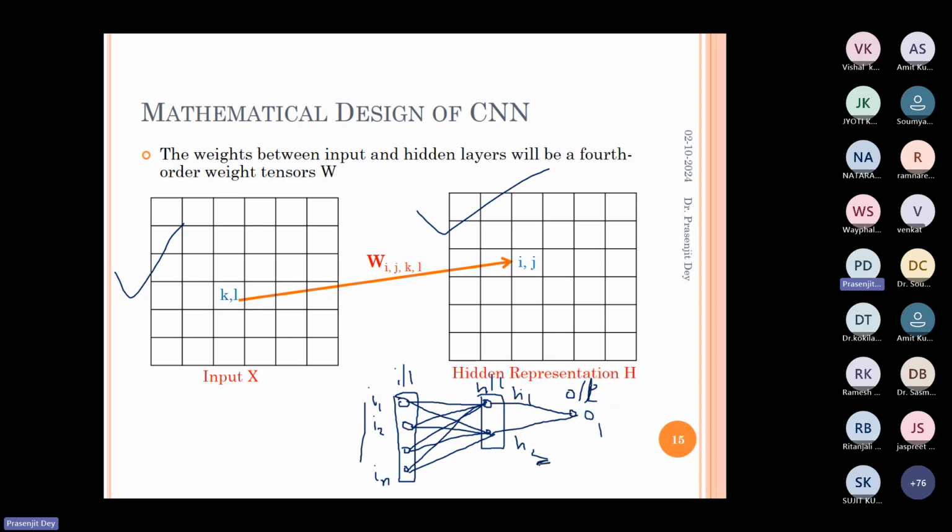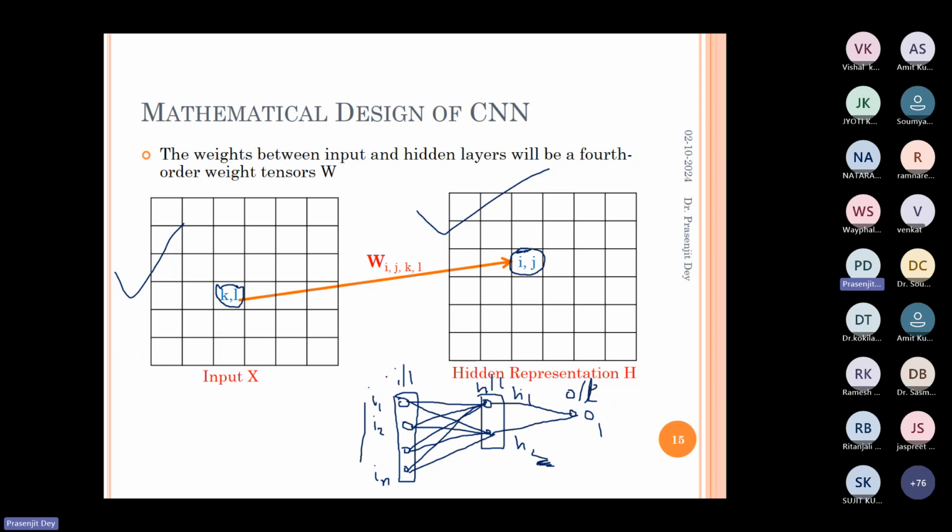There was only one subscript to represent the index for a one-dimensional entity. But as the image is now two-dimensional, I am using two indices, K and L, to represent its position in a two-dimensional system. Similarly, I and J represent the hidden representation, like a pixel position in two-dimensional space.